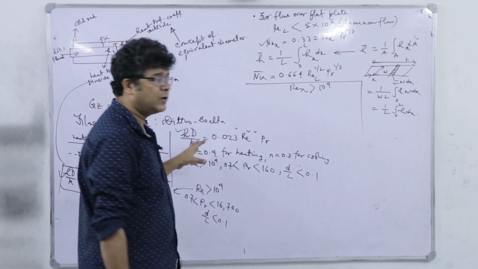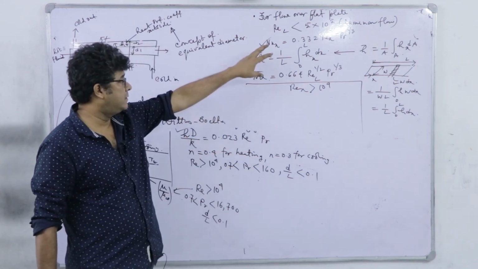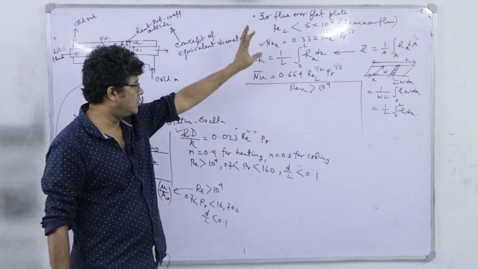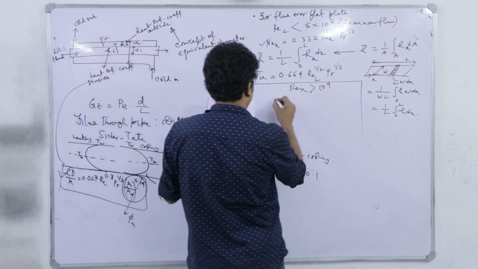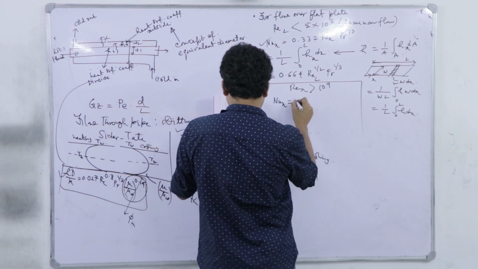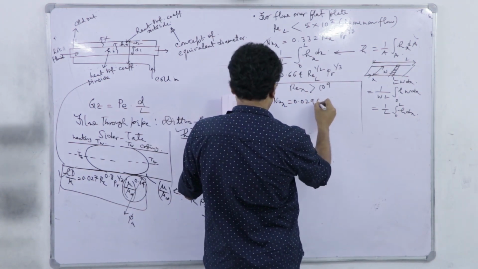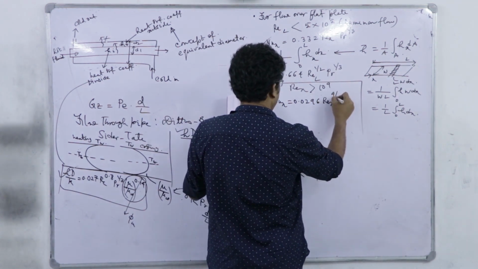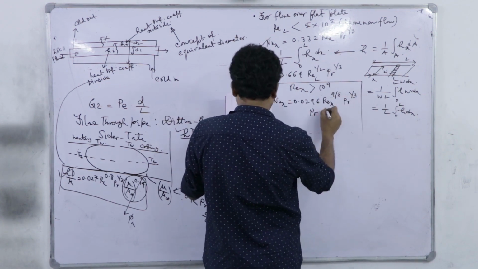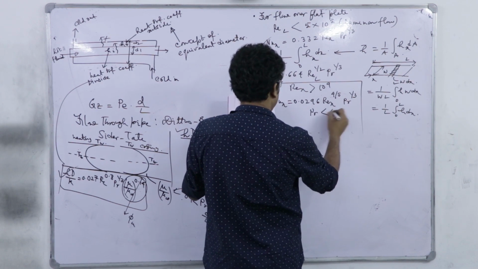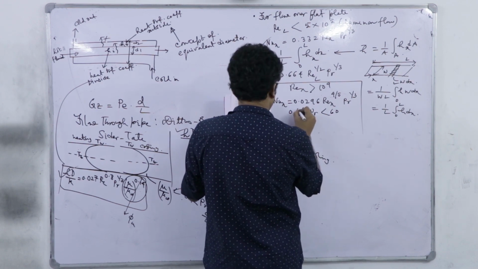One is the turbulent flow through pipe, another is the laminar flow through flat plate, right. For turbulent flow through flat plate Nu_x equal to 0.0296 into Rex to the power 4 by 5 into Prandtl number to the power 1/3. However, it is valid for Prandtl number less than 60 and greater than 0.6.